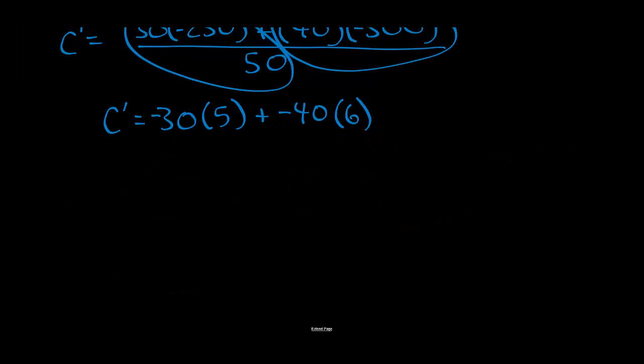Okay, so we're on a roll now. Now let's see what we've got. We've got c prime is equal to negative 150 plus negative 240.